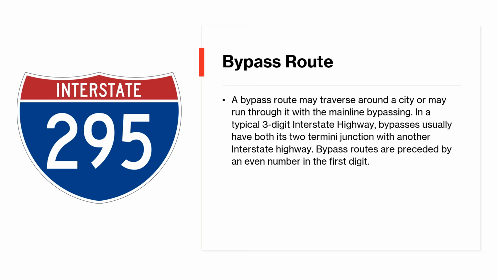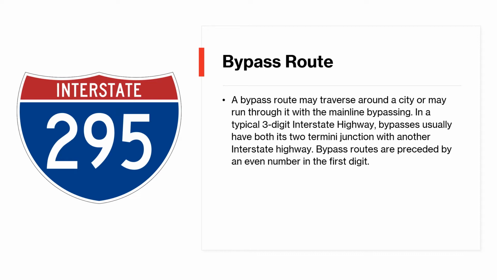All right, a bypass route. A bypass route may traverse around a city or may run through it with the main line bypassing. In a typical three-digit interstate highway, bypasses usually have both of their two termini at junctions with another interstate highway. Most of the time it's with the parent highway.